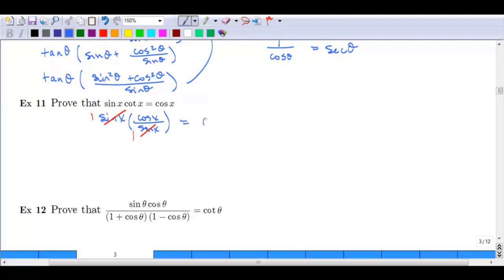We end up with cosine of x, which is relatively simple. If you instead wanted to go with the x's and y's, sine is y, cotangent is x over y. Again, y divided by y is going to give you 1, and you are left with x, which we know is cosine. Again, don't confuse this x with this x, they are technically different.